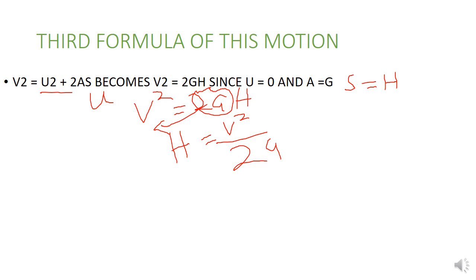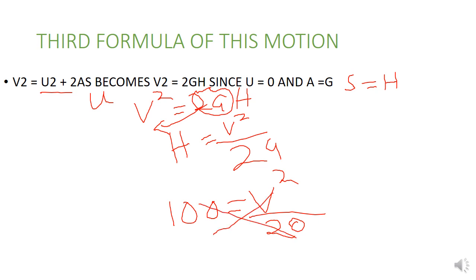So 100 will be equal to v squared, which is unknown, divided by 20. We want to know what will be the final velocity of this object. So we cross multiply, v squared becomes 20 times 100, which is 2000.